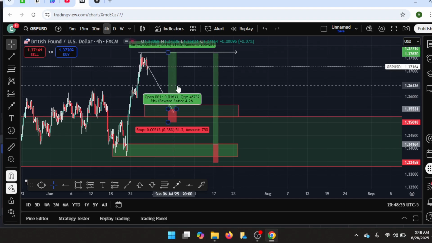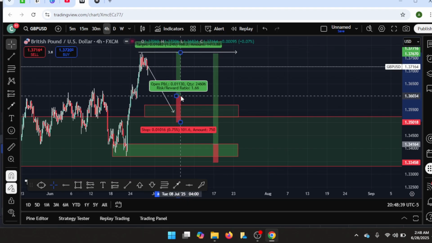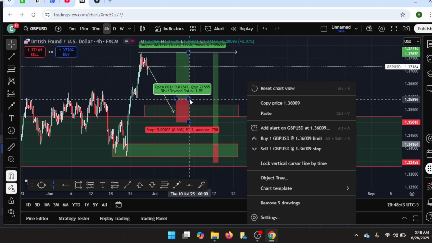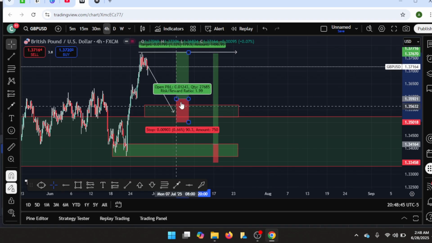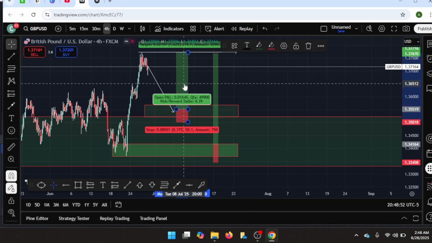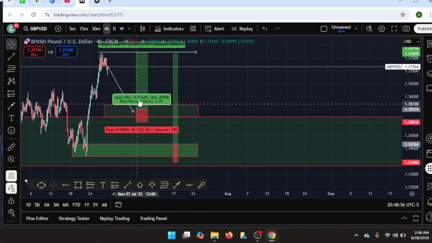This is entry number one. Sorry, please. I did not lock this. Don't forget we are risking 50 pips on this. Let me lock it. This is my first entry for the day.